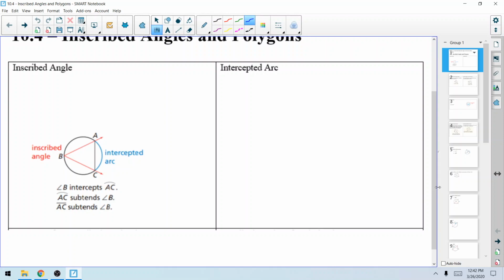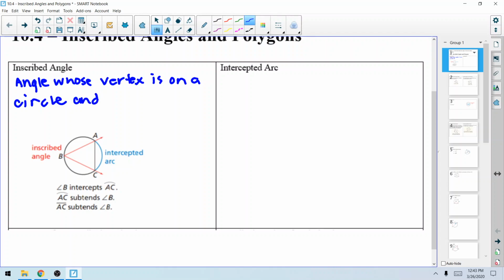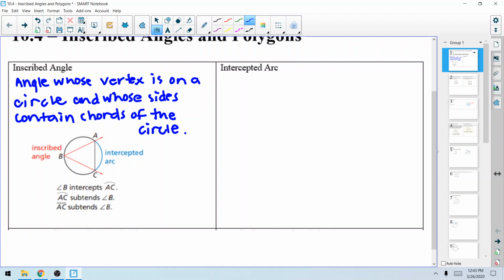So an inscribed angle is an angle whose vertex is on a circle and whose sides contain chords of the circle.